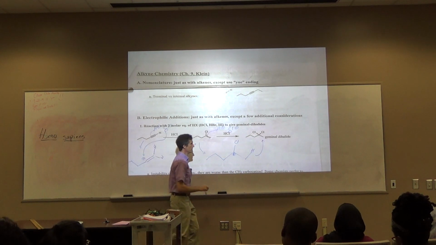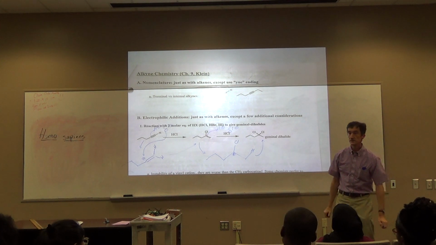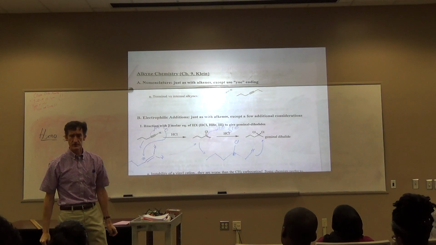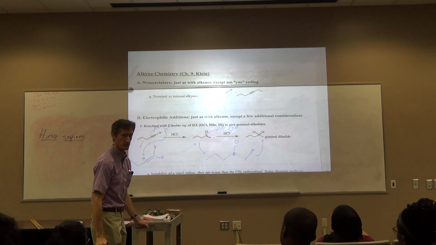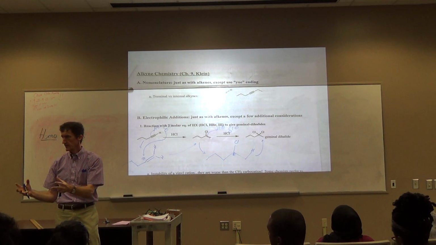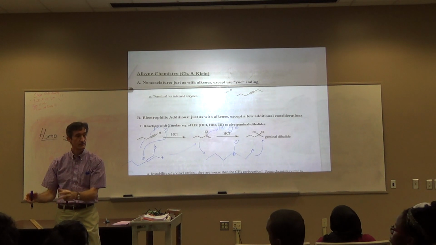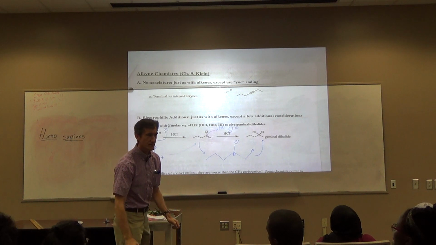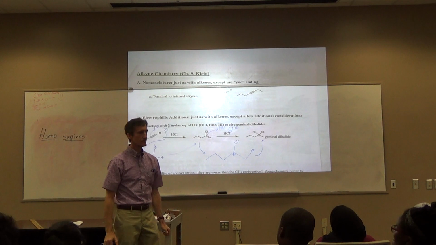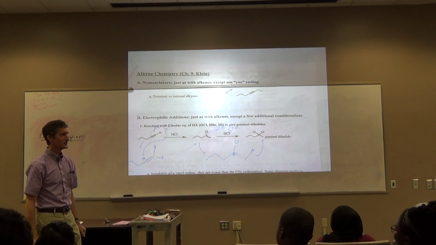Straightforward. This is called a geminal dihalide. What does geminal mean? Gemini. Twins. Two chlorines on the same carbon. Two halogens on the same carbon is called geminal. What if they were on adjacent carbons, next door to each other? Fraternal?